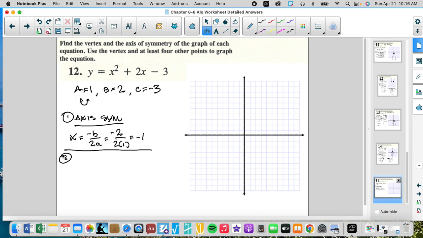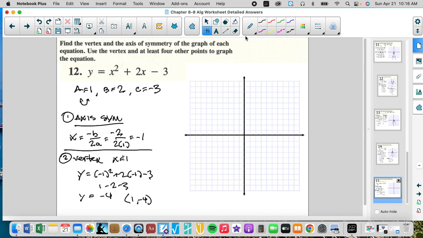Let's find the vertex. Vertex is going to be x equals negative 1, sorry. So y equals quantity negative 1 squared plus 2 times negative 1 minus 3. That is going to give me 1 minus 2 minus 3, which is negative 4. So my vertex is going to be negative 1, negative 4.